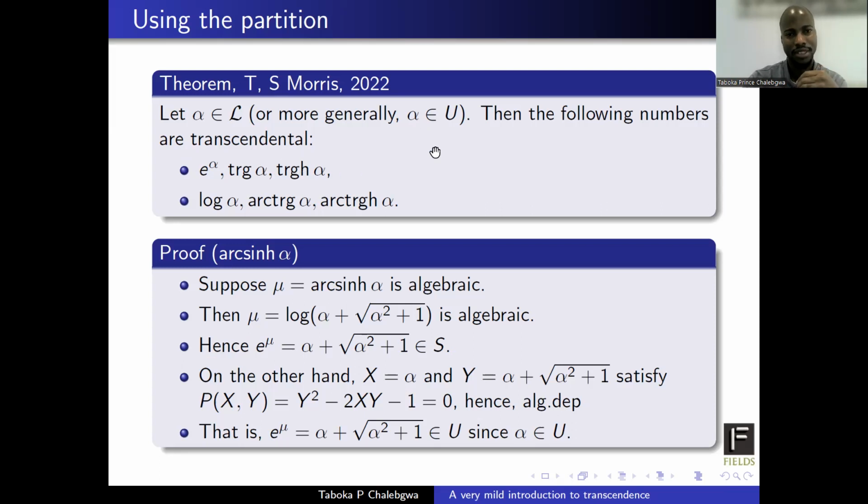I used the acronym TRG here just to represent a generic trigonometric function. So trig would mean either sine, cos, or tan of alpha, and trig H represents sine, cos, or tan hyperbolic of alpha. The logarithm of alpha would also be transcendental, and the arc functions of our trigonometric functions, arc sine, arc cos, arc tan, together with their hyperbolic counterparts, will also be transcendental when evaluated at a Liouville number argument.